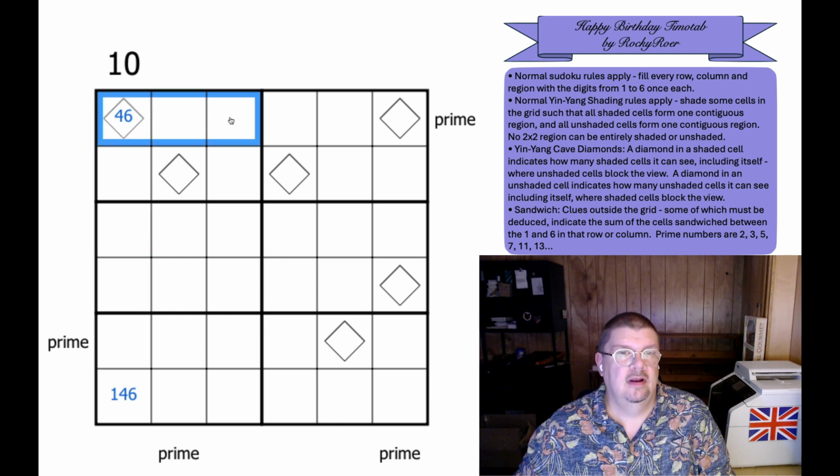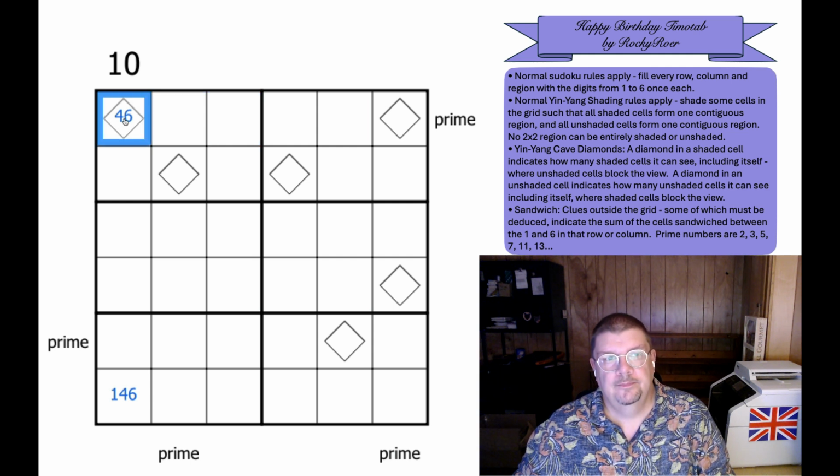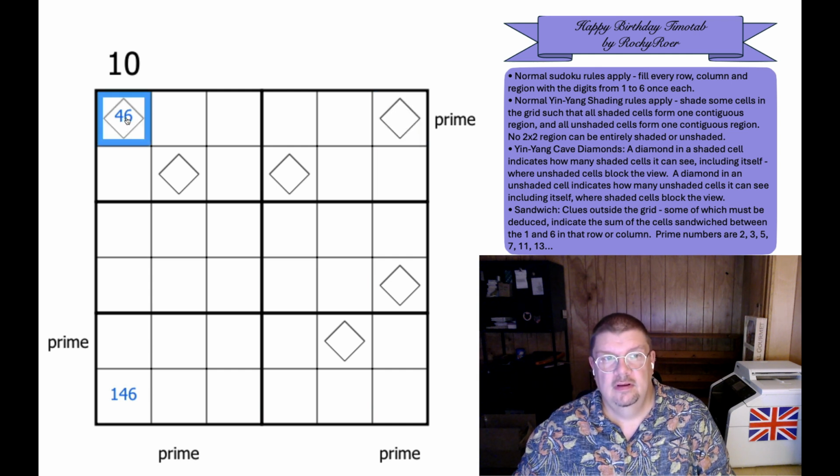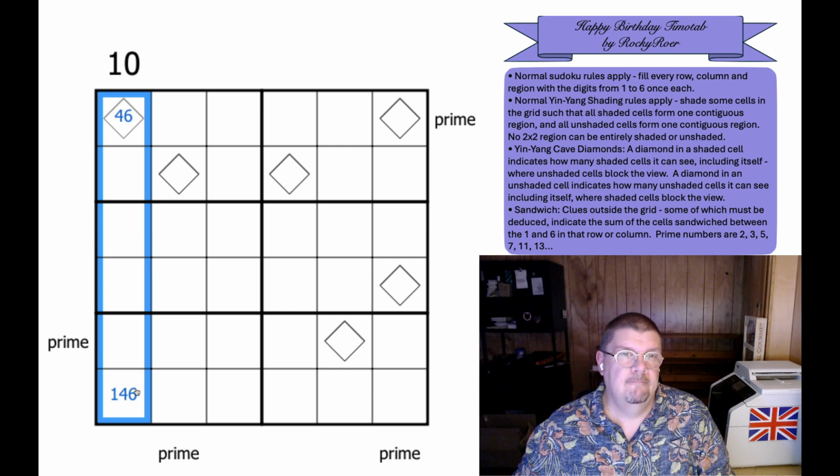If it's a 4, it's definitely going to make a partial row or column. If this is a 6, it cannot go that entire row because this has a diamond, and this would have to be a 6 because it would see all of these as the same shading. So if it's a 6, it has to go down there.